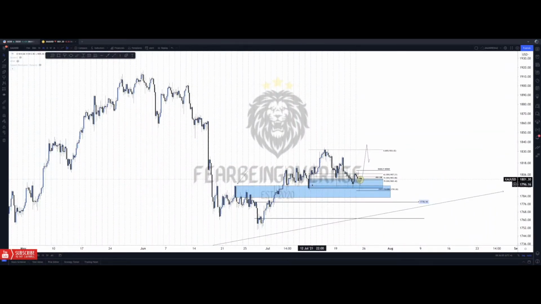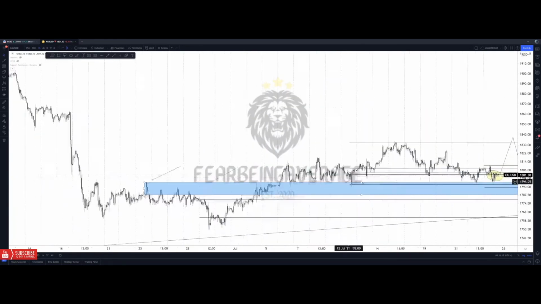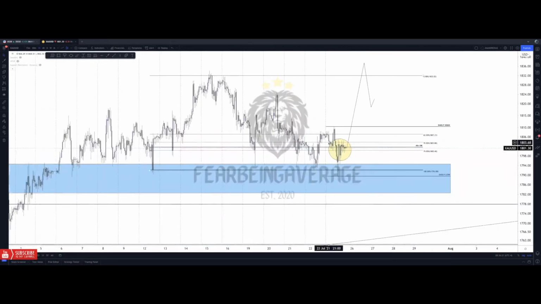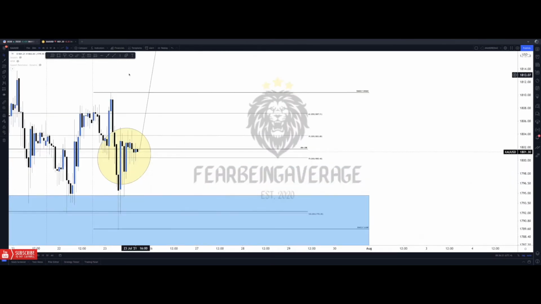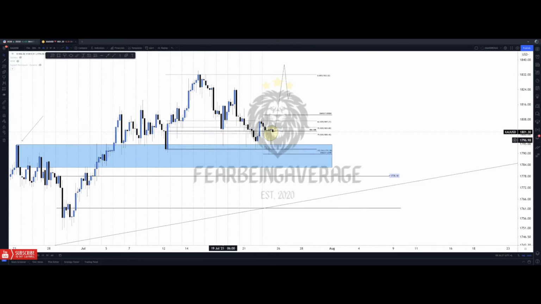So now we understand. I'm going to take this off for the order block because I only use it for the breakers. So now that we understand price is rejecting a lower time frame breaker block, it's also rejecting a 4-hour time frame order block right here. It's also rejecting the fib that I have drawn from the range that price is currently in.